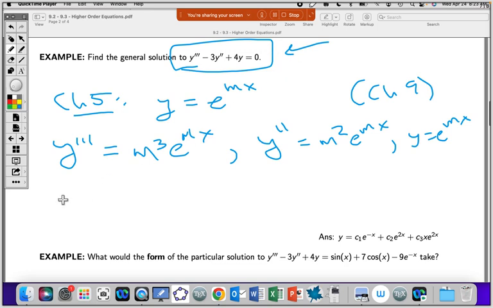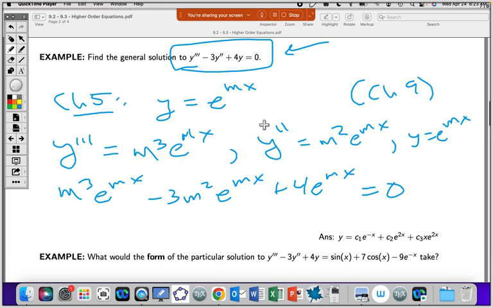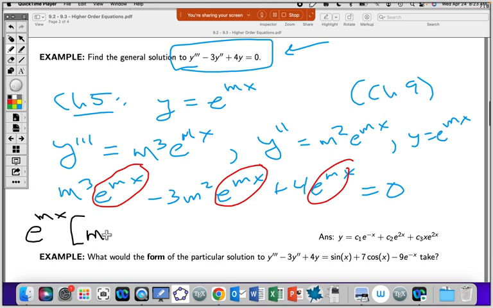And if I stuff that into the equation, I'm going to get an m cubed e to the mx minus 3m squared e to the mx plus 4 e to the mx equals 0. And since e to the anything is always a positive number, we can factor that out, and then divide it out. And we get down to this.